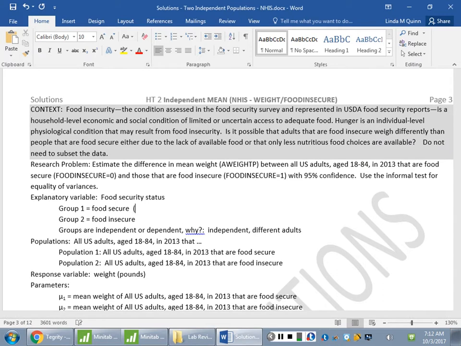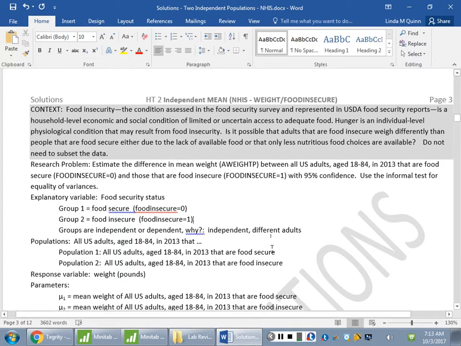So this happens to be food insecure equals 0, and this would be food insecure equals 1. When you see the word between, you're certainly looking at a two-group comparison of some sort. They're independent because they're different adults. Our populations are all adults that are food secure and all adults that are food insecure, and the response variable is weight.